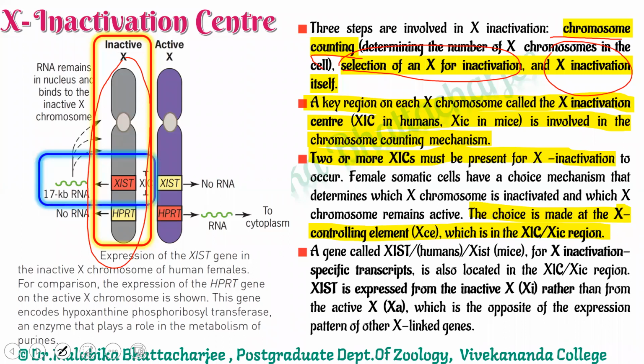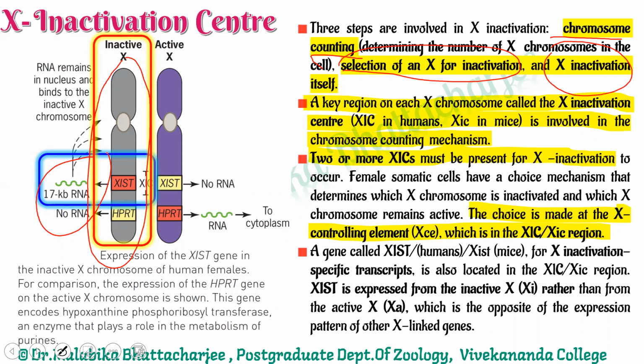Once more, in the X chromosome, there is an area known as the X inactivation center. Within it, there is a gene known as XIST, which produces, as you can see, a 17 kilobase RNA. Remember, the X chromosome which is producing this RNA is actually instructed to be heterochromatinized.